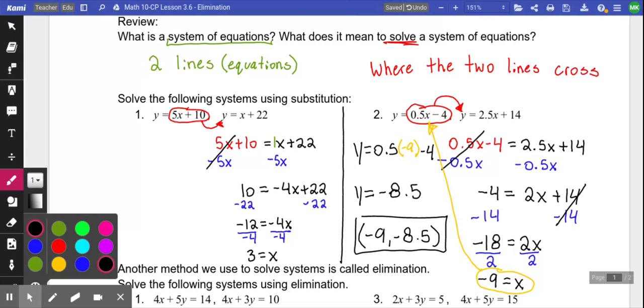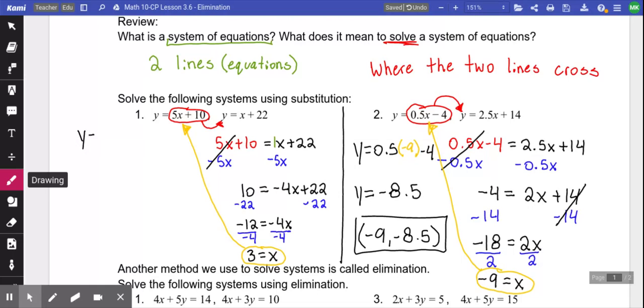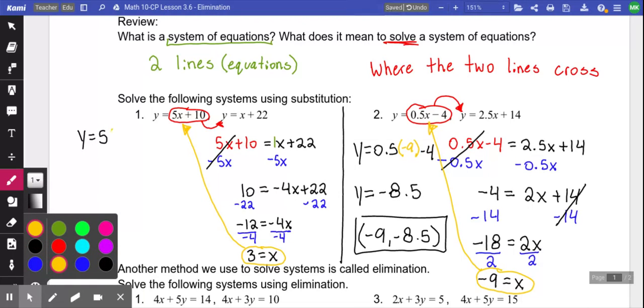That is your first half of your solution. You then take that answer and you use it in one of your original equations to find the other letter. So now I'm going to have y equals 5 times x, which I now know x equals 3, plus 10.